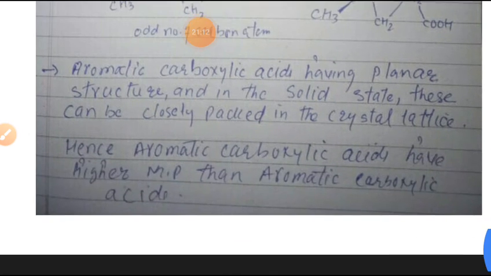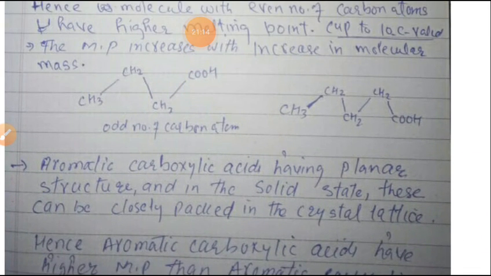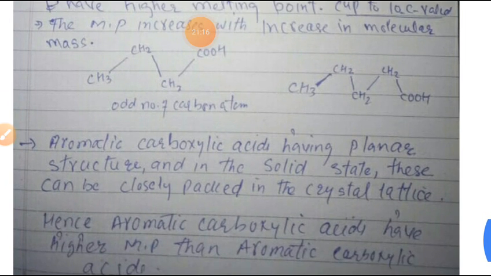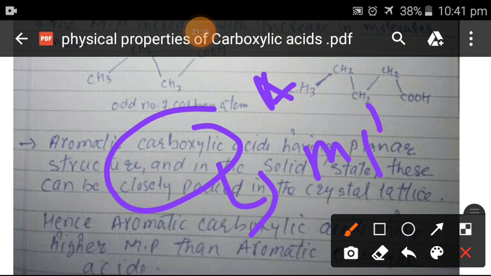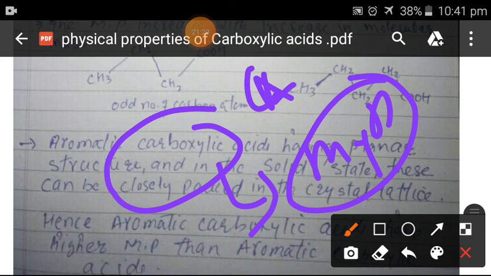Similarly, when we compare the aliphatic with the aromatic, the aromatic have more efficient close packing as compared to the aliphatic. That is why these aromatic compounds will have a higher melting point as compared to the aliphatic carboxylic acids.